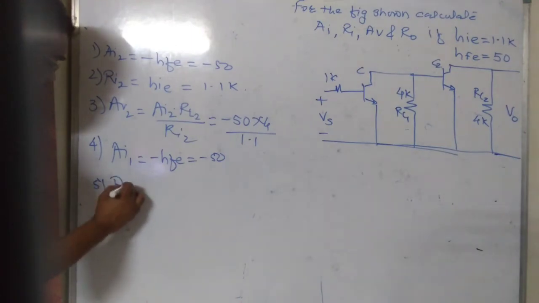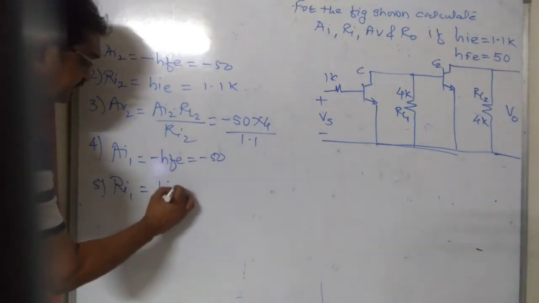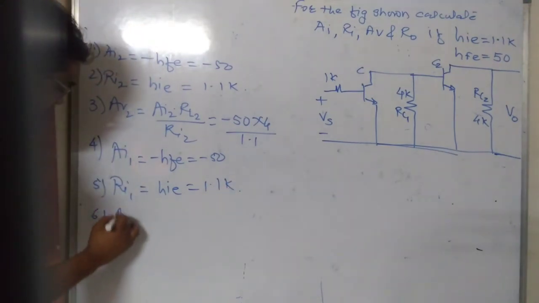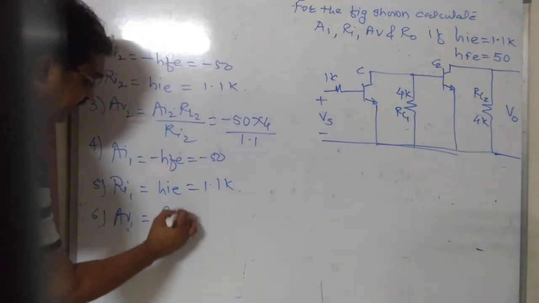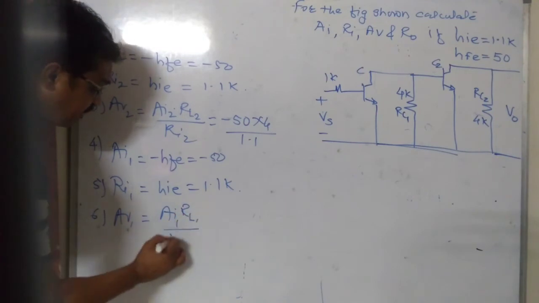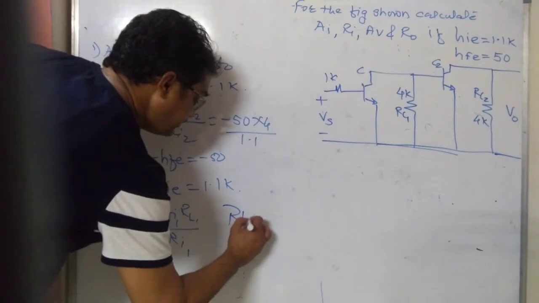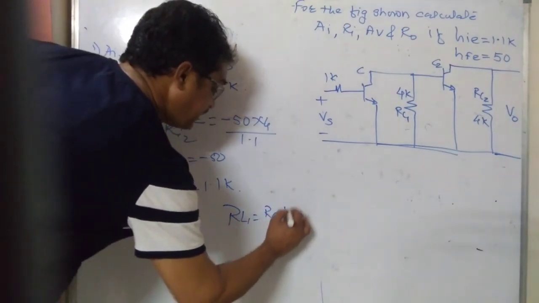Fourth, AI1 is minus HFE, minus 50. Fifth, RI1 is HIE, 1.1. Sixth, AV1 is AI1 into RL1 upon RI1, where RL1 is equal to RC1 parallel with RI2.